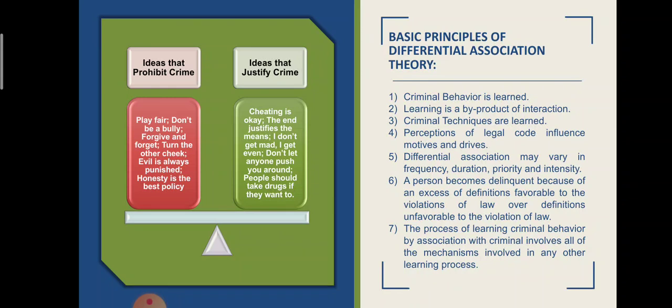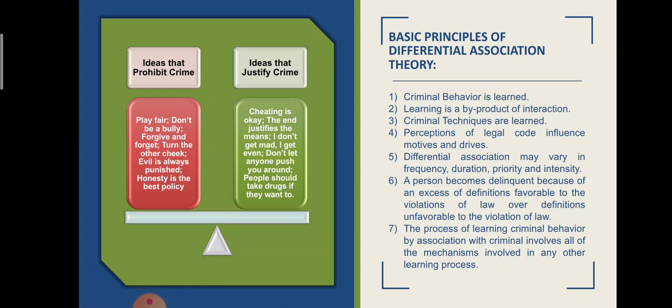People will break the law if they develop more law-breaking attitudes than law-abiding attitudes. Weighing the two attitudes is illustrated in our graphic example. These are the ideas that Edwin Sutherland explained in his differential association theory.